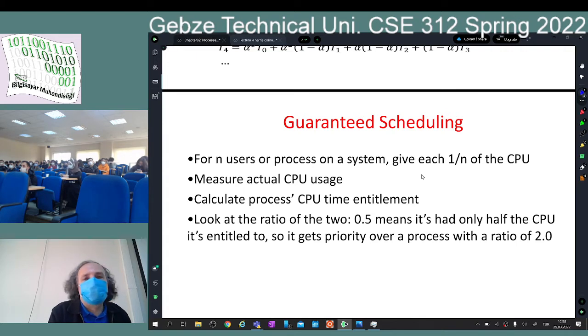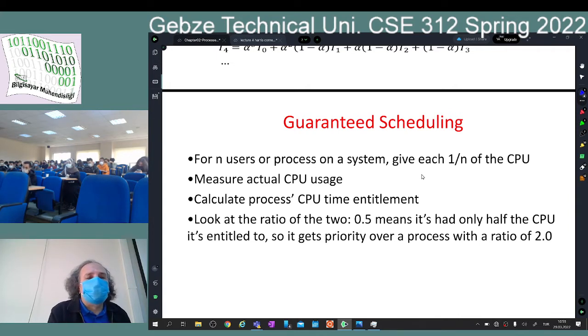Guaranteed scheduling. It's like what the government does to guarantee that, if I don't have enough females working for the government, I am going to allocate these job slots for women.